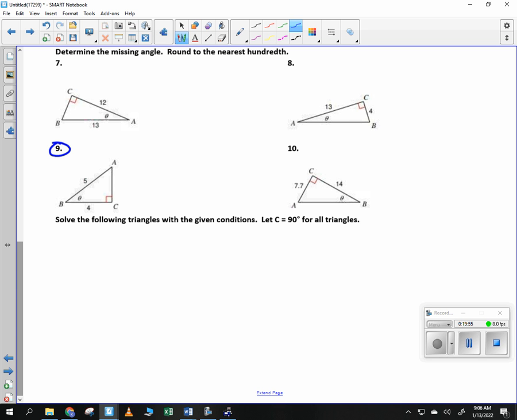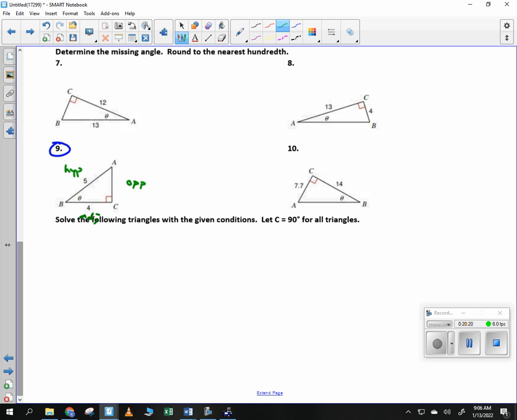The first thing that you need to do in order to find theta is you need to identify the opposite, the adjacent, and the hypotenuse. So I'm going to point to a side, and you tell me which one it is. This side right here. Opposite. So, this is where the critical thinking comes in.